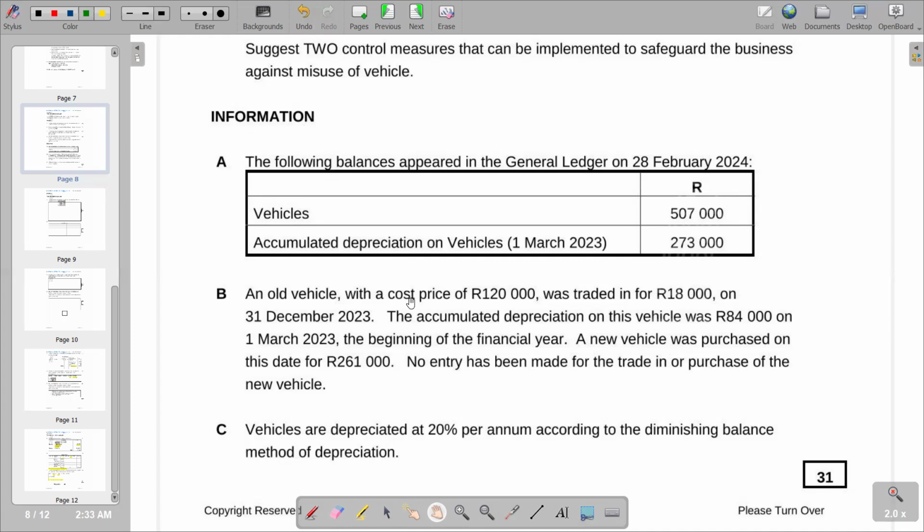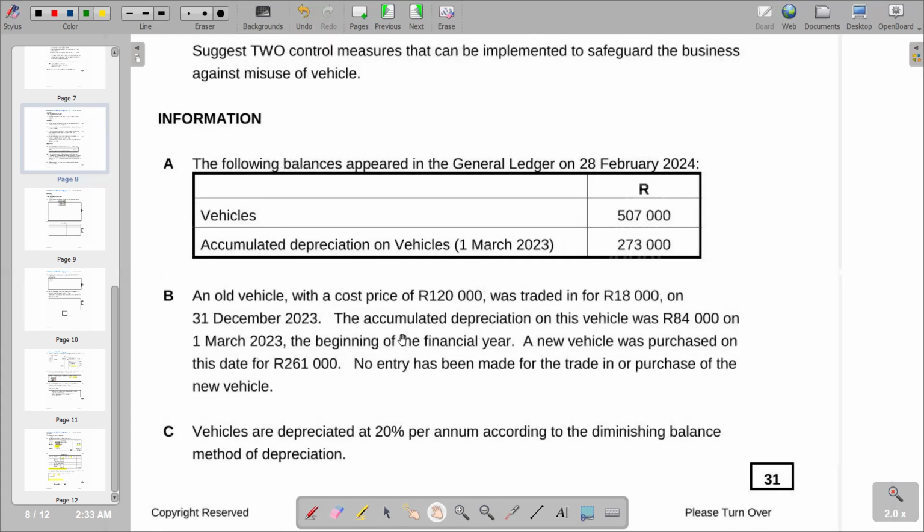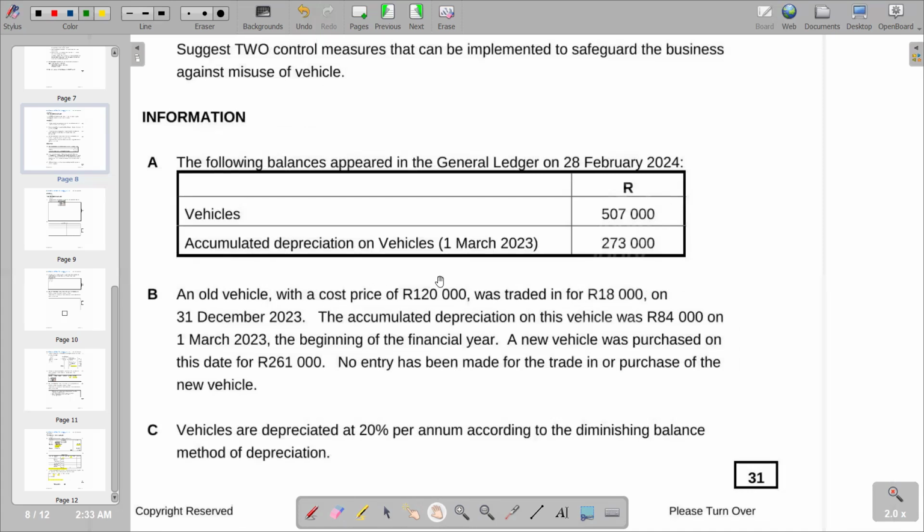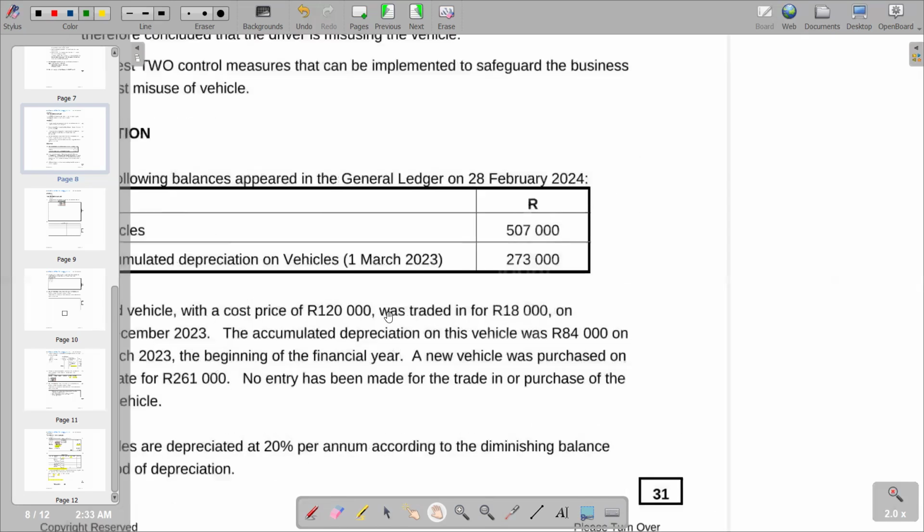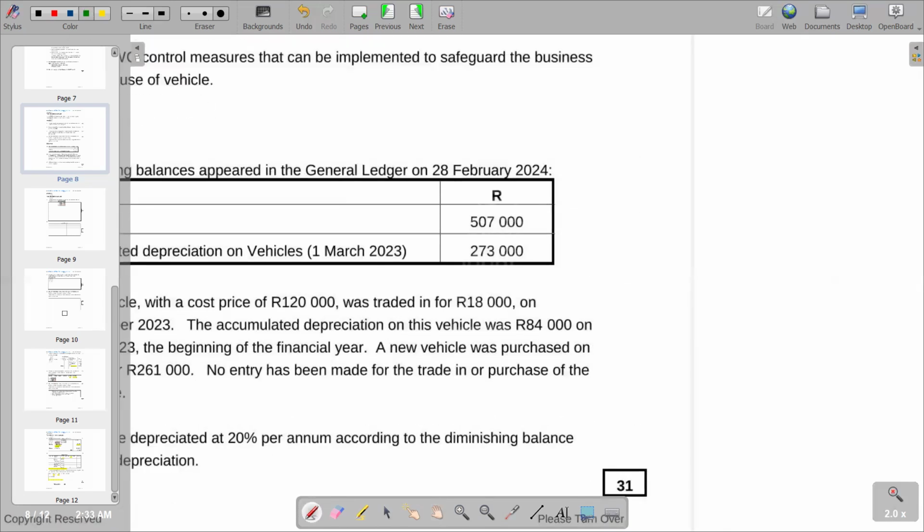So basically, we've got three different calculations to make. We have a vehicle that was traded in, which means a vehicle that is going out, indirectly being disposed of, with a cost price of 120,000. We have to calculate the depreciation of that vehicle separately.